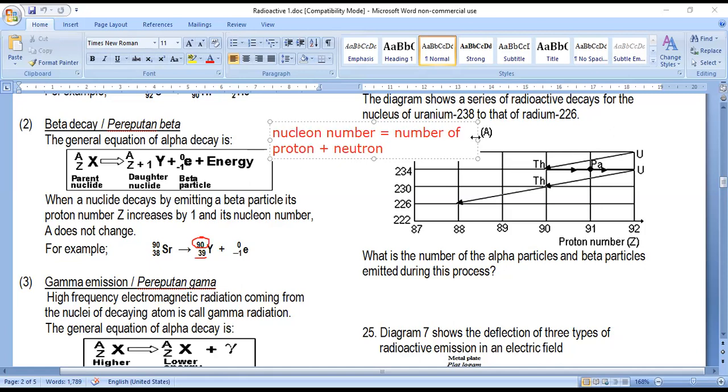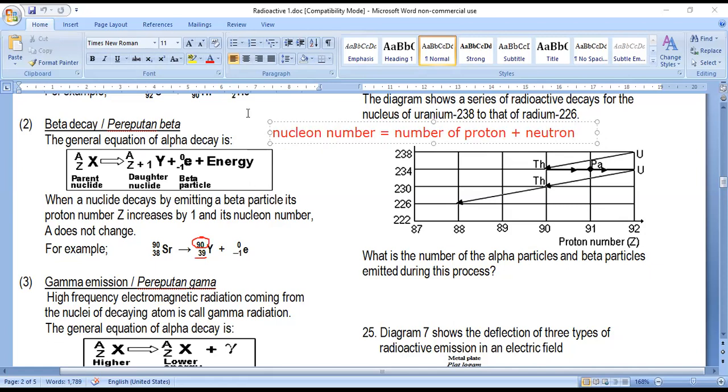That's what we mean by nucleon number. So by right, if your proton number increases by 1, your nucleon number is supposed to increase by 1 also.